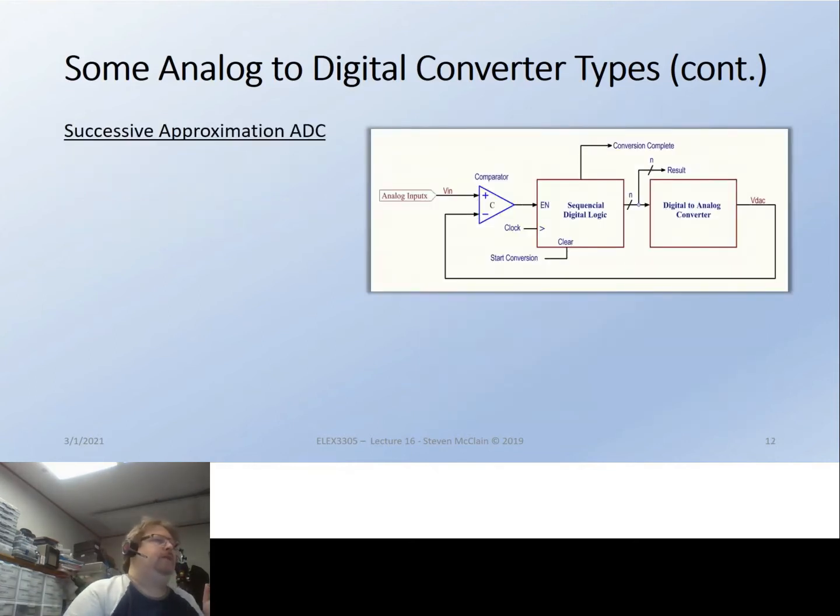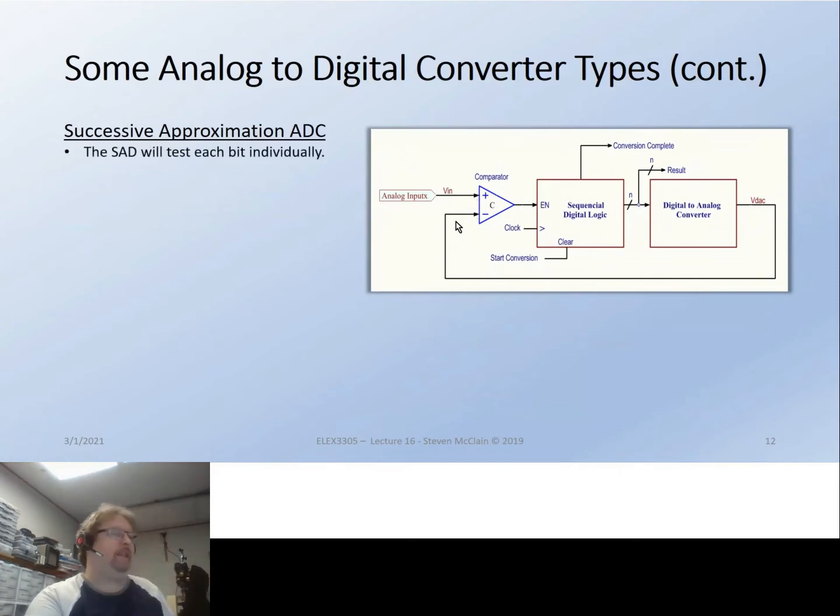Okay. So this is closer to what we have. This is successive approximation, and instead of a counter, it uses some fairly fancy sequential digital logic, which we won't go into. But you could think of it as still performing the same function as the counter, because all the rest of it is pretty much the same.